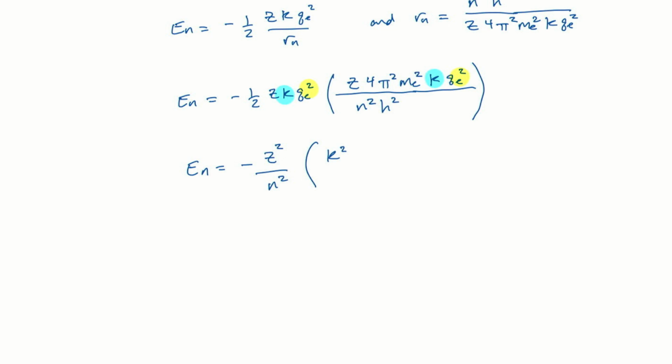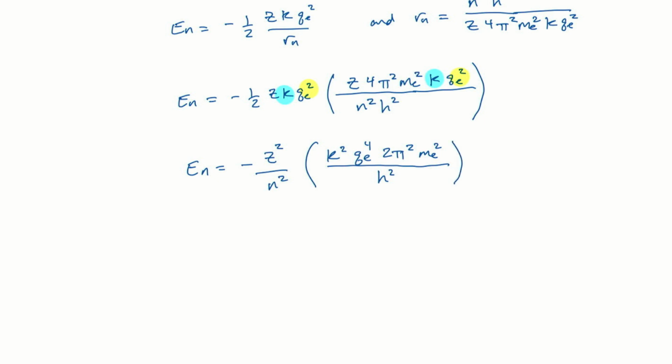So that gives us a QE to the 4th. We've got a 4 pi squared, but we've also got a 1/2. So that's going to leave 2 pi squared. And then we have an m sub e squared. And all that's left is an h squared.